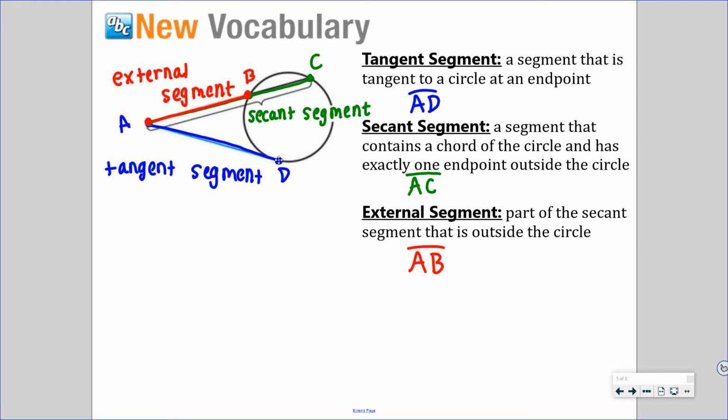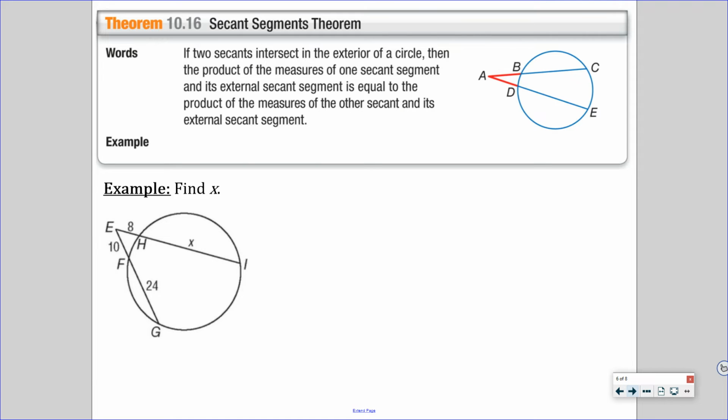Okay, our next theorem used that vocab, so we just got to understand what that means. All right, here's our next theorem. So now notice the intersection point is outside the circle. Before we had 2 chords, they intersected inside the circle, and we just found the product of the pieces to find the lengths. We're still doing lengths, nothing with angle measures. We already did that.